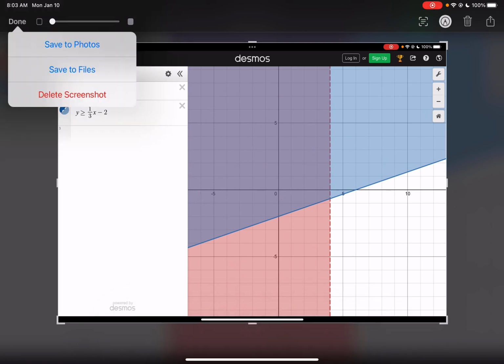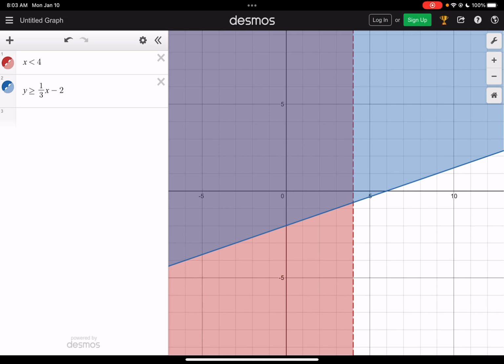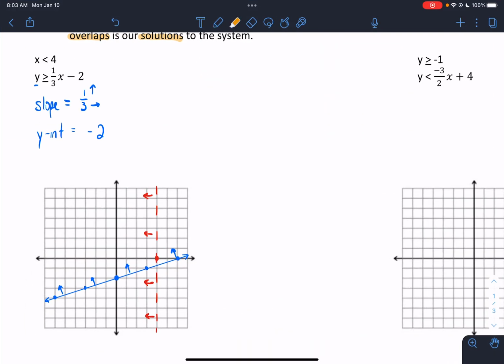And so the only place that I'm going to shade on this is where those two are overlapping. And so there's the part of my graph where I should be shading: everything to the left of the red line and everything above the blue line.